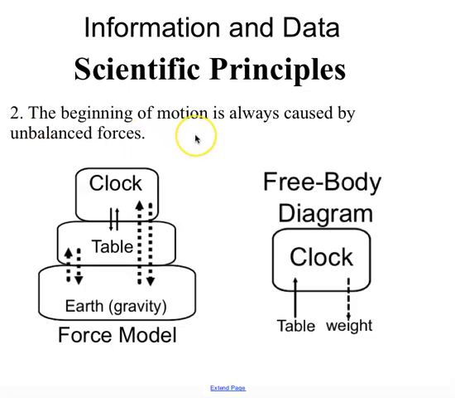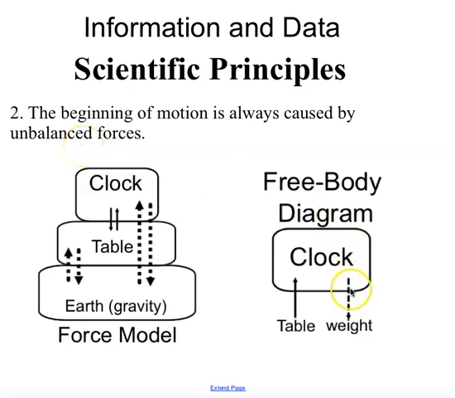Then I would go on to explain, we can see from the free body diagram that the vertical contact force of the table and the vertical non-contact force of the weight are both balanced and will not cause motion as a result.